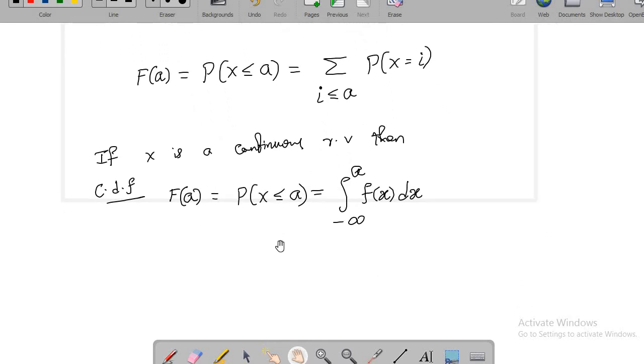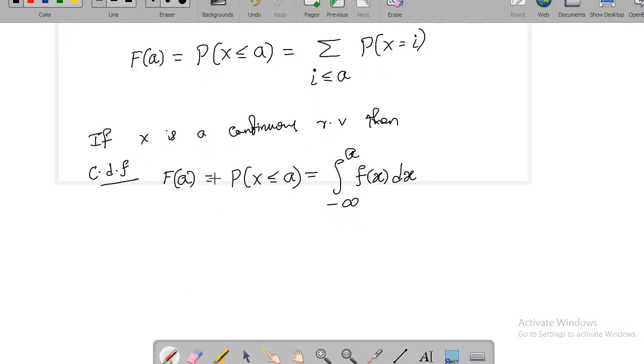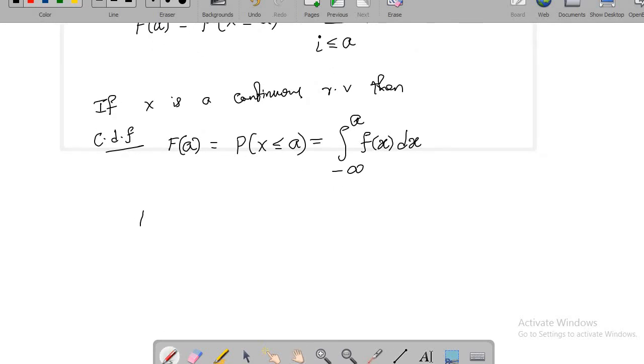Okay, so here you can do one thing: you can obtain a density function with the help of the distribution function. If you observe, the integration of the density function is the distribution function. So now if I take the derivative of the distribution function, it means d by da of F of a. That's d by da of the integral from minus infinity to a of f of x dx.